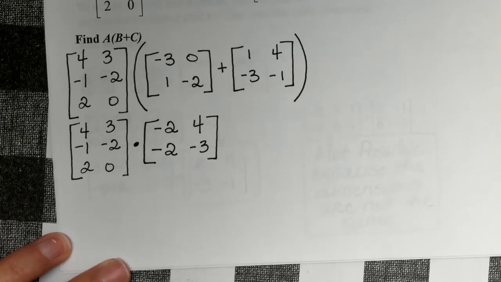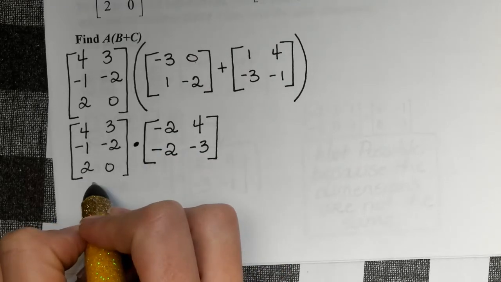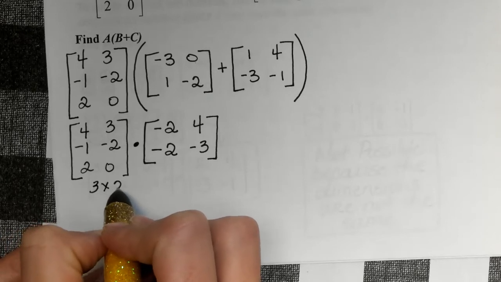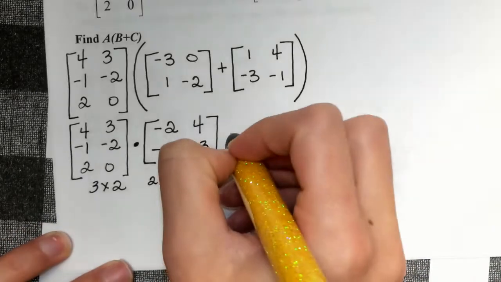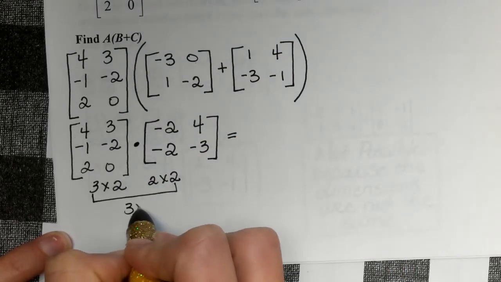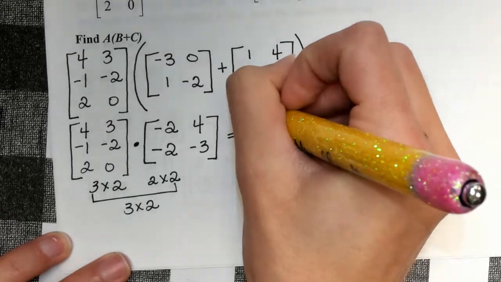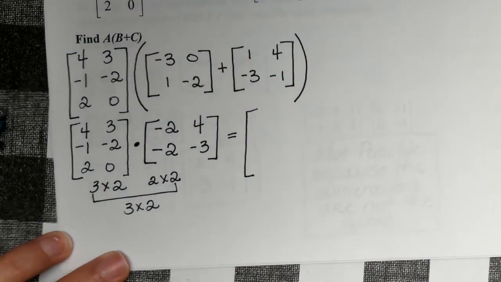Alright, it comes to multiplying. I know they're different dimensions, so I need to think about it. This is a what? By 2 by 2. So I know my product is going to be a 3 by 2. Okay.